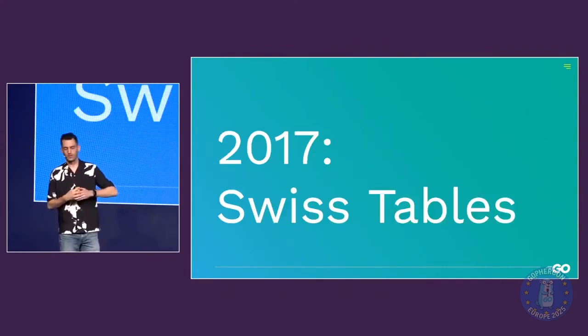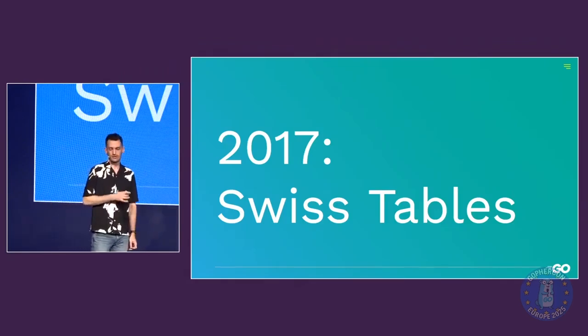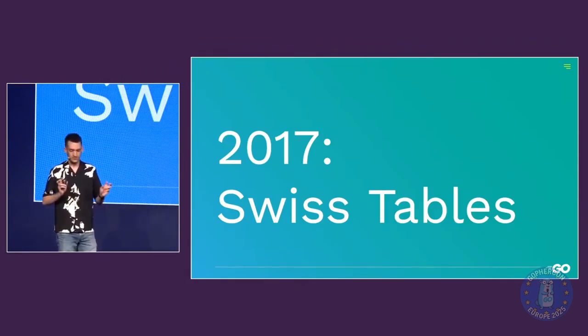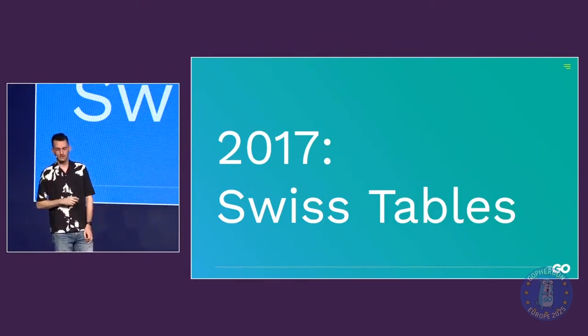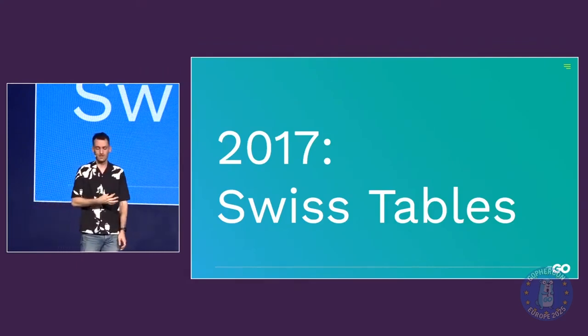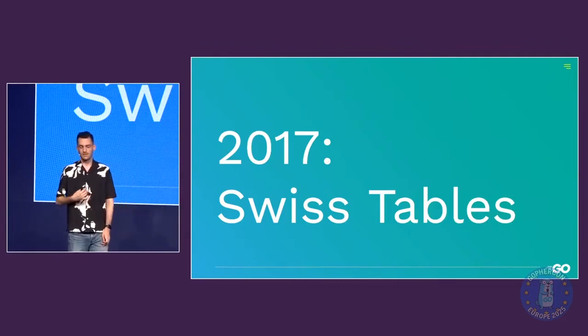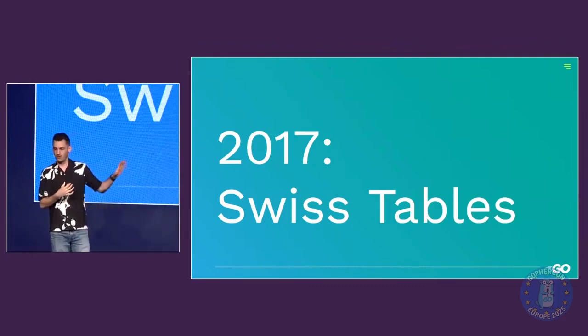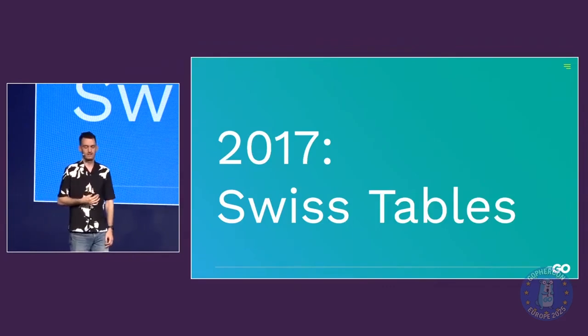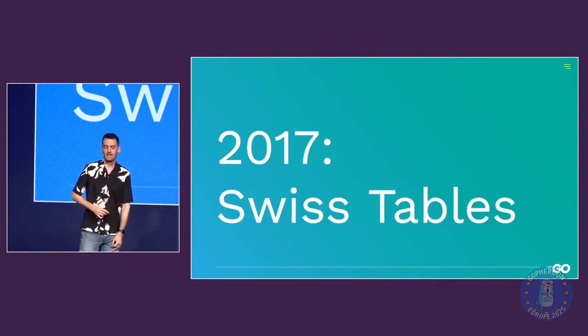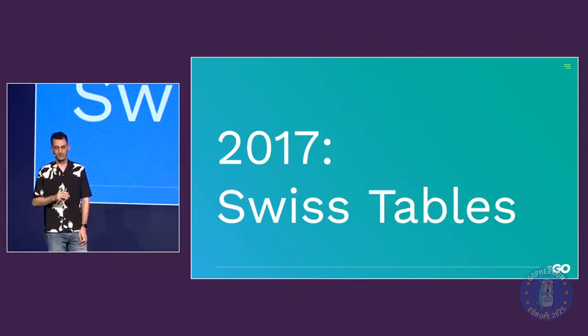If we jump way forward to 2017, that is when several engineers from Google described what they called Swiss tables, which was their new hash table design specifically for C++. It's really built on top of a lot of the core ideas from the papers from the 50s, but really focuses on trying to improve access and insert performance.